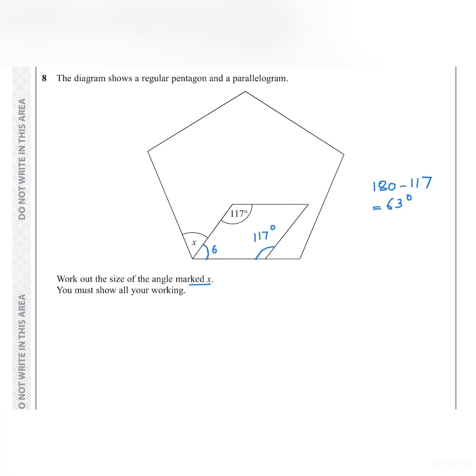So this angle over here is 63 degrees, and this would be 63 as well, because in a four-sided shape, the sum of the angles is 360 degrees.